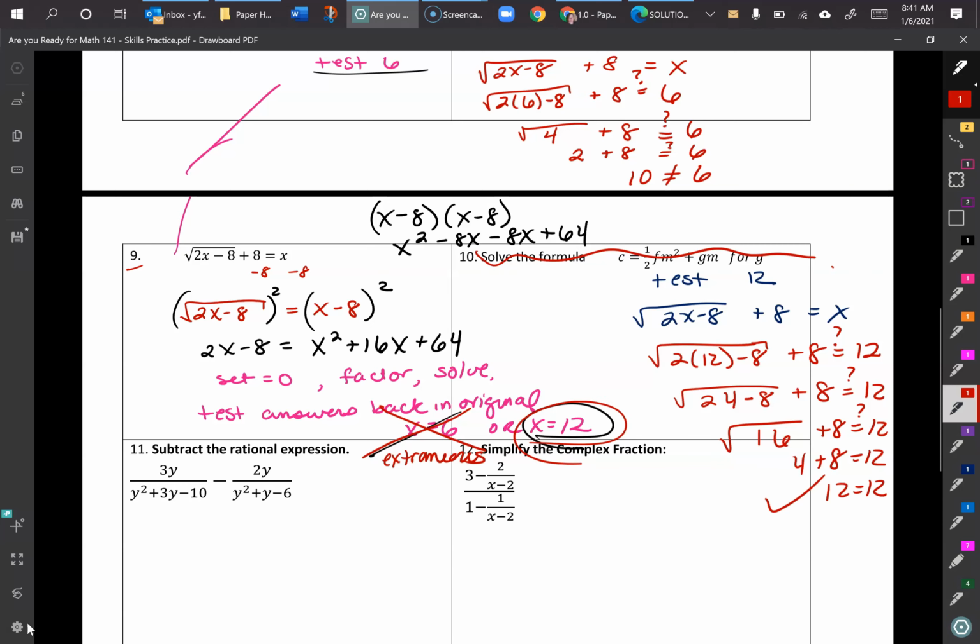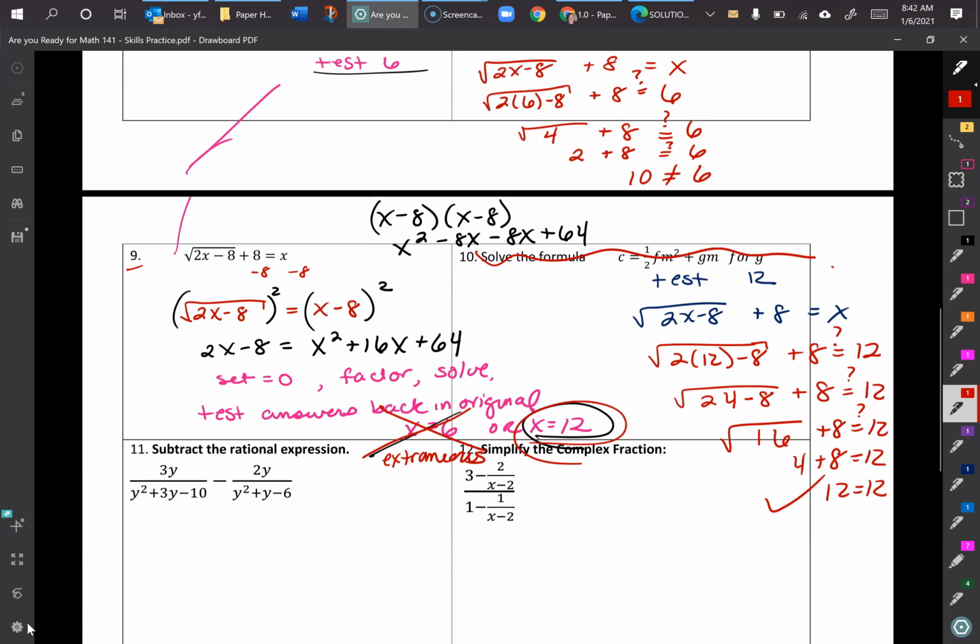And the reason that happens is sometimes, when you're manipulating and you're squaring something, there's going to be the oddball answer, because we're just kind of looking at the primary roots there. So always test when you have a radical like that. You have to test when you have a variable in the denominator, too.